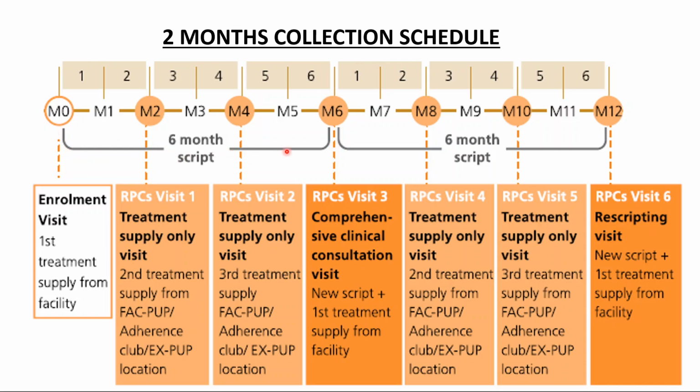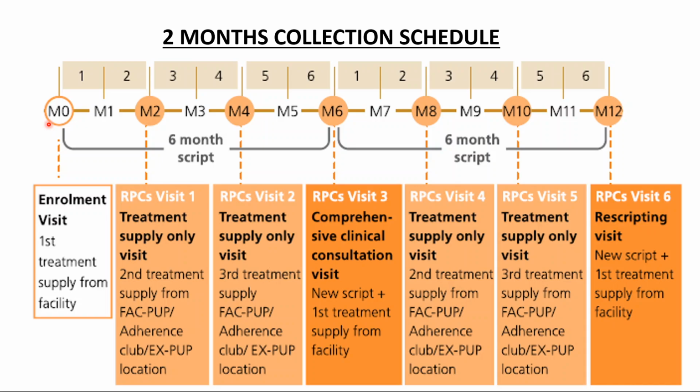The script validity here is for 6 months and 6 months. So hence it's 1 up until 6 and then 1 up until 6 again. These ones here are the months that the patient will be coming to our facilities or to the pickup point.